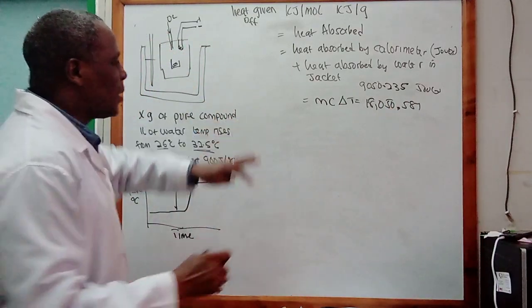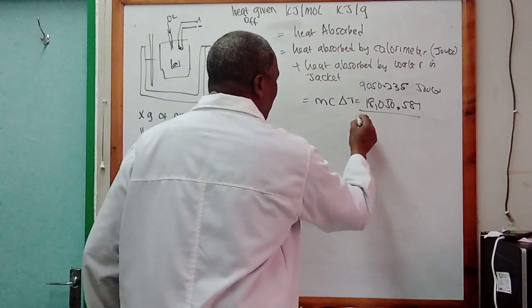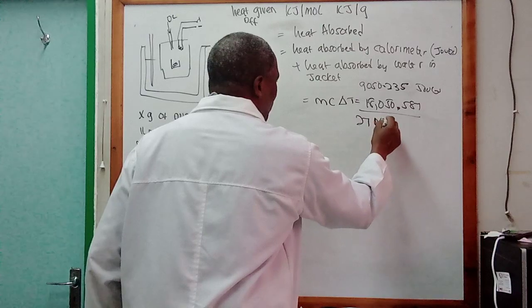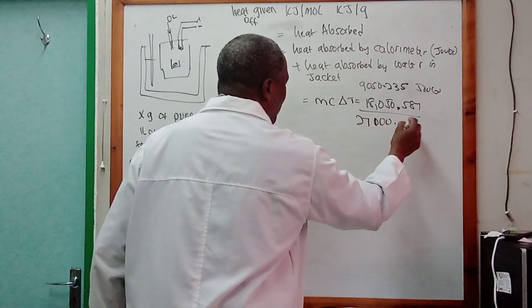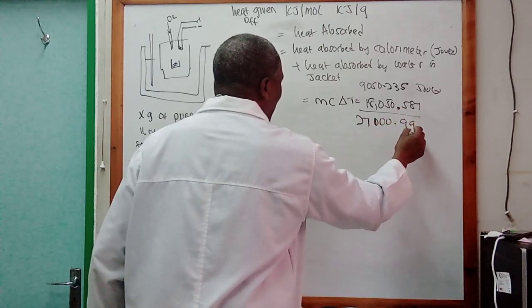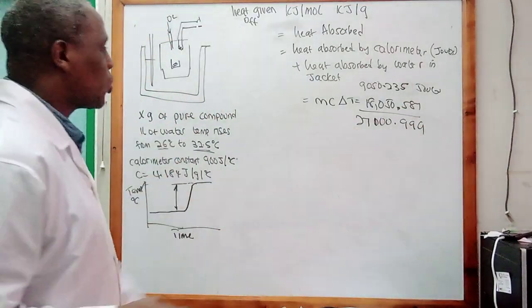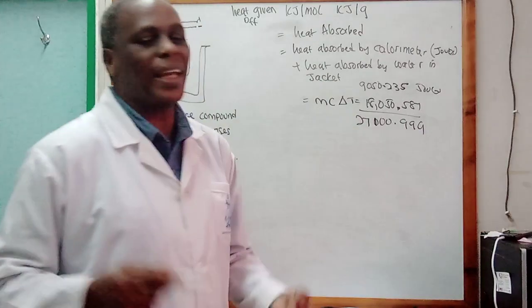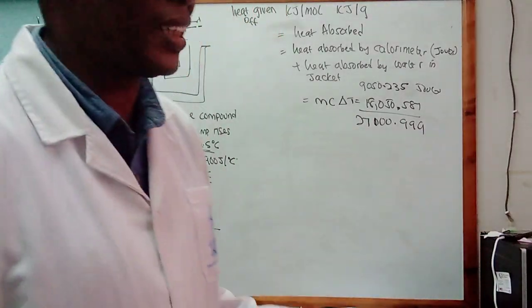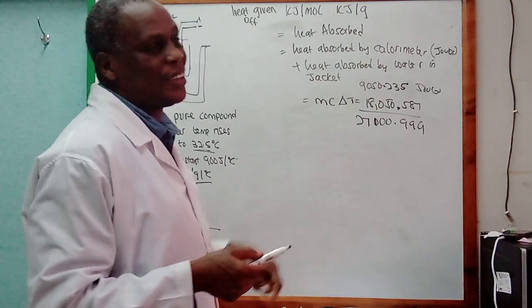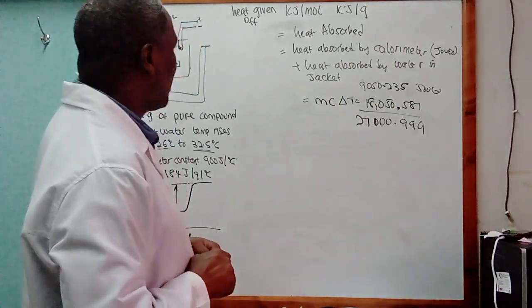So that one will give you maybe 27,100 point maybe 9. I'm just trying to give something like that. Are you okay on that one? So in this case, this is equal to the heat which has been absorbed. So now that one will be equal to the heat which has been given off.